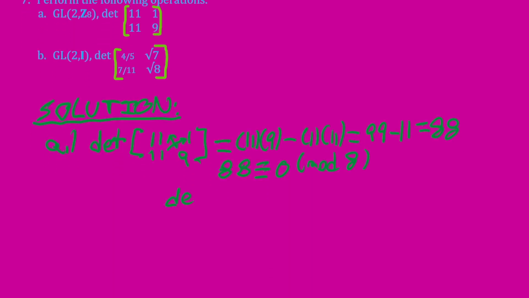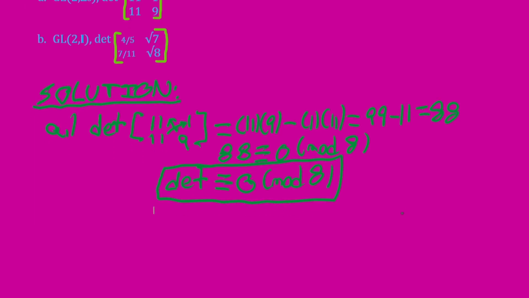That's equal to 99 minus 11, which is 88. And 88 is congruent to 0 mod 8. So the determinant is congruent to 0 mod 8, and that's the answer of this operation.